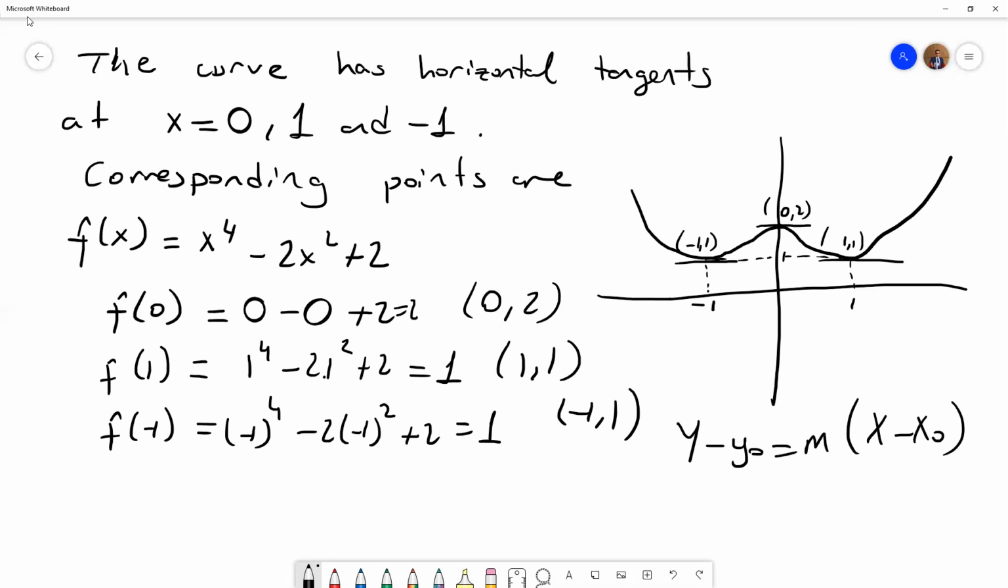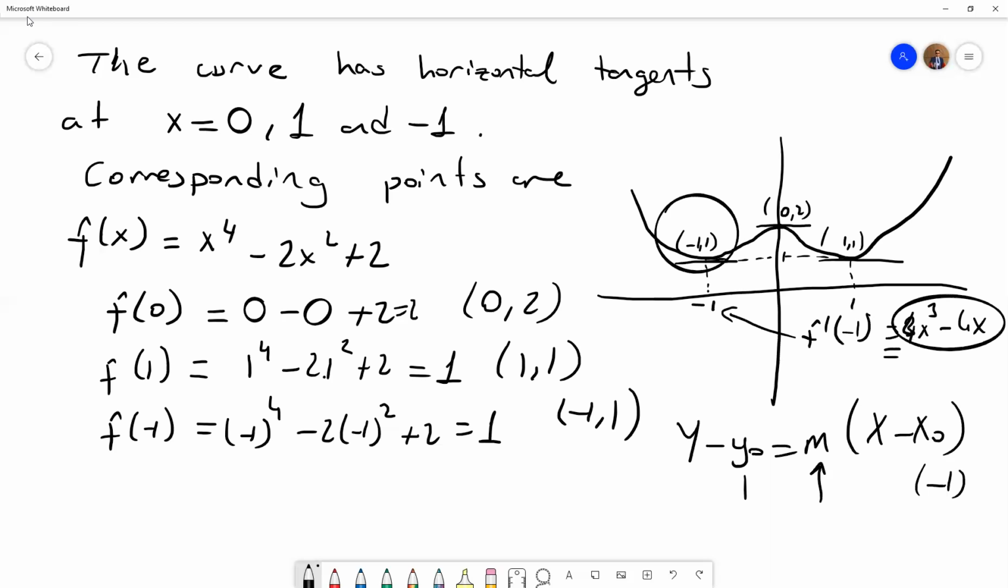Let's say our point is this one: you put minus 1 for x0 and 1 for y0, and you can find m by finding f prime, which is 4x cubed minus 4x, and putting minus 1 in it. So you can find the slope, and finally you can find the line equation by this one.